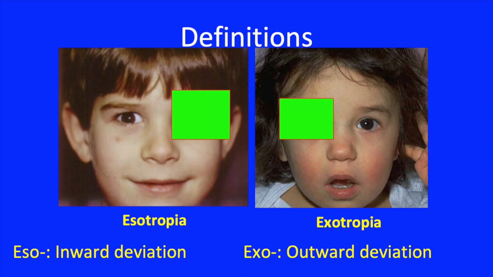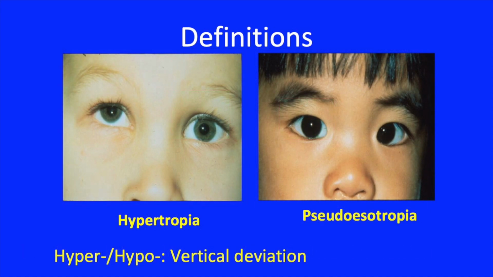But now cover the aberrant eye in both children, and you can clearly see that the left eye of the little girl was focusing on the examiner. Vertical deviation can also be an issue, and the vertical deviation can be either hypertropia, as shown here, or hypotropia. Pseudoesotropia can be difficult to confirm, as in this child.